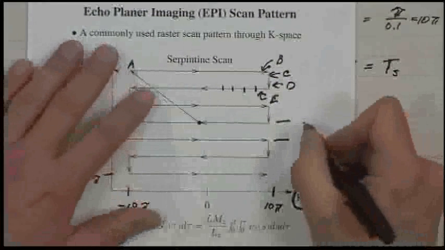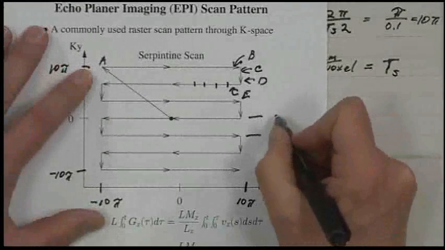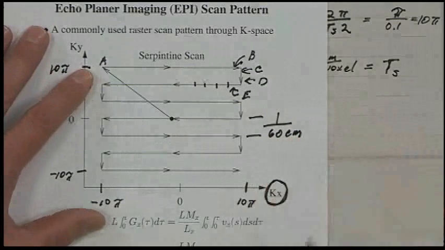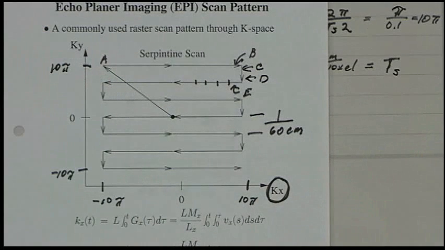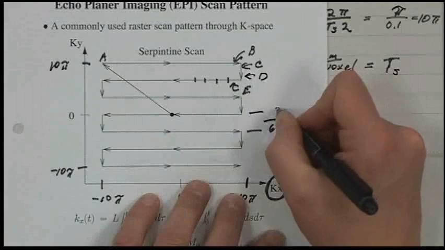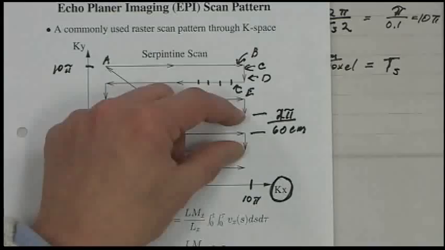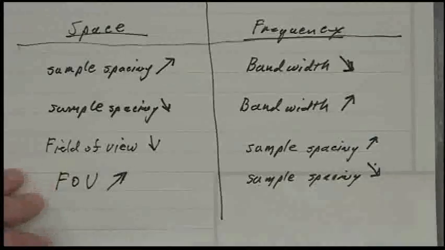So this distance here then has to be 1 over 60 centimeters. And that's times 2 pi, because this is in radians. So that's the spacing. If you exceed that spacing, if you make the spacing too large, when you go to do the reconstruction, you know what it'll look like?